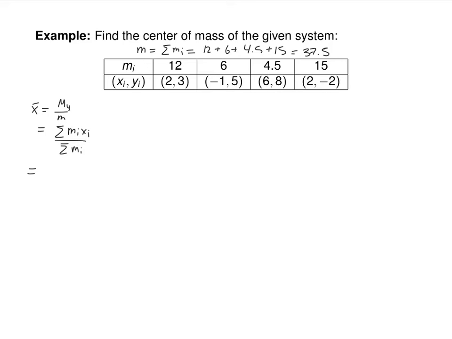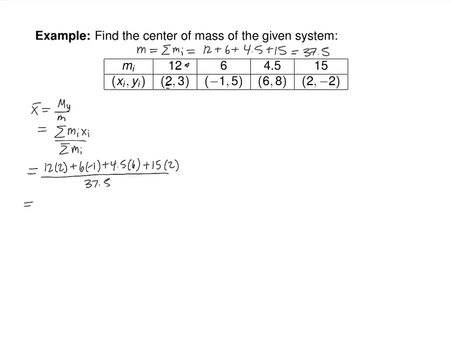And then to find mi times xi, I just take the mass multiplied by the x-coordinate at that point. So 12 times 2 plus 6 times -1 plus 4.5 times 6 plus 15 times 2, all over 37.5.